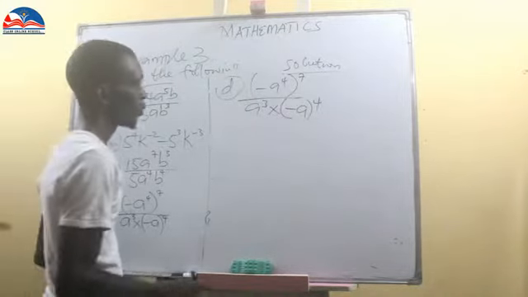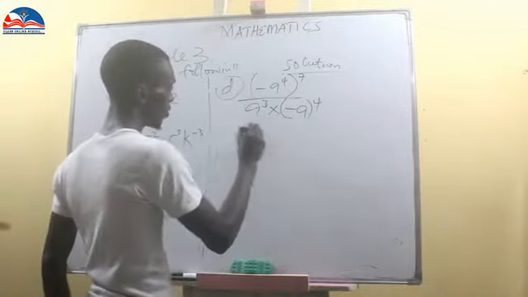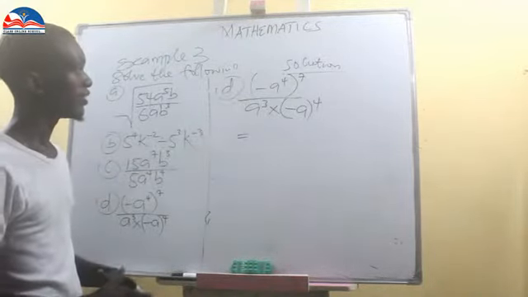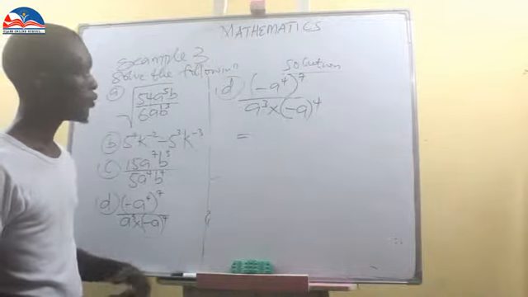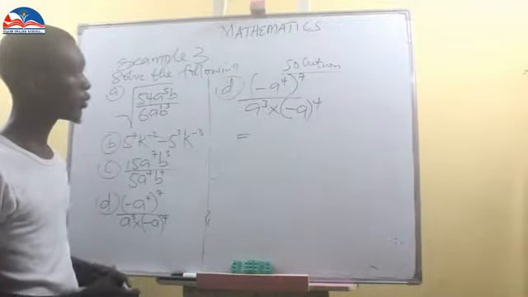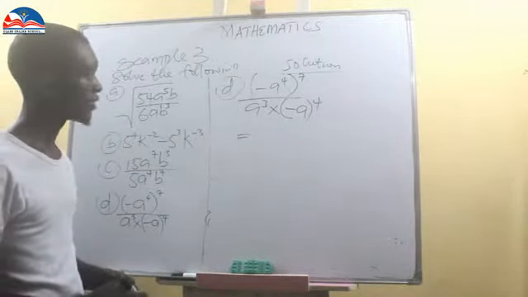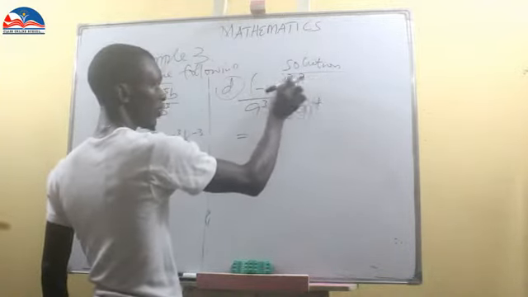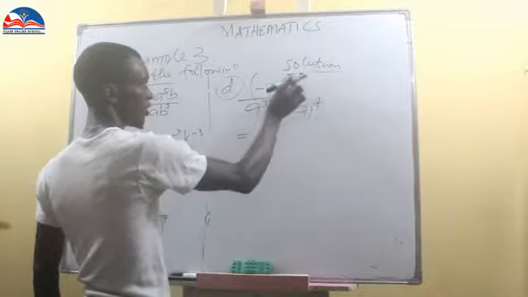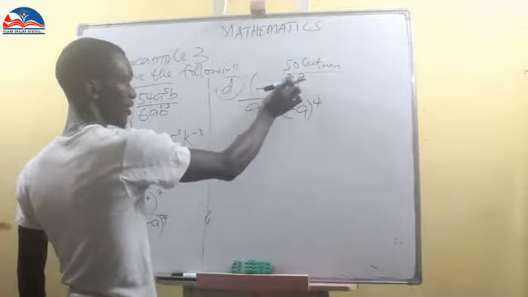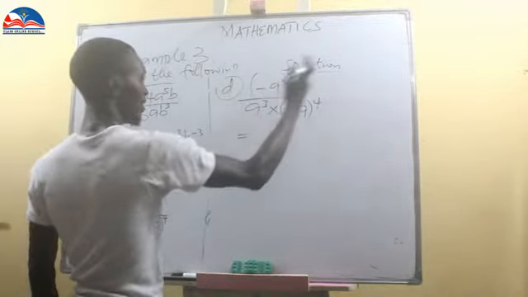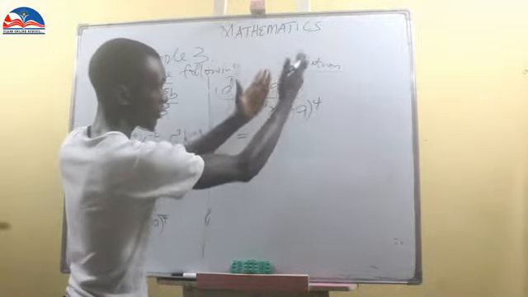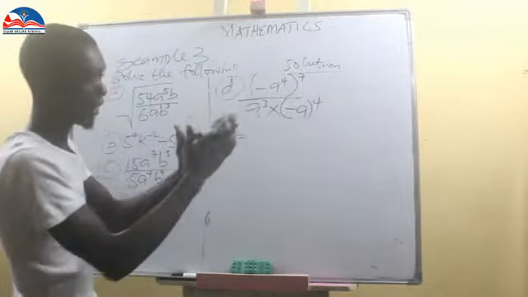So here we have that this should be equal to, the negative sign will be unaffected. You are only concerned with the indices. So we multiply the two indices. The law holds that if a base is indexed in a bracket and indexed outside a bracket, the two indices 4 and 7 are multiplied together.